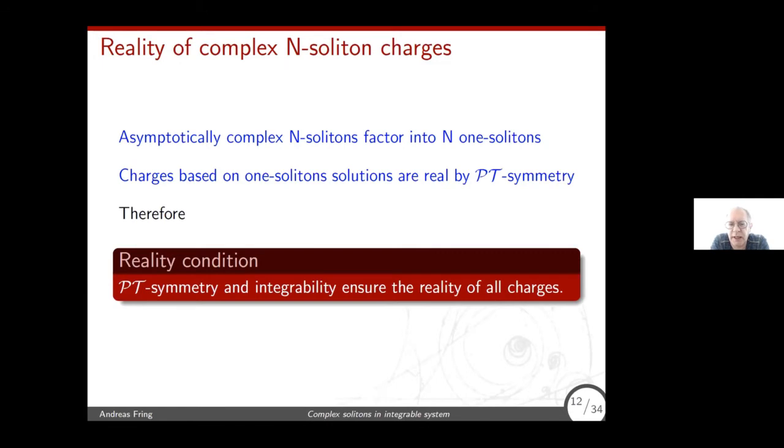But when we had an N-soliton, we couldn't use this because there weren't enough variables to shift with. But the fact that our system is integrable allows us to go back to the one-soliton solution. And so I can conclude here, integrability plus PT symmetry will ensure the reality of all charges for all N-soliton solutions.